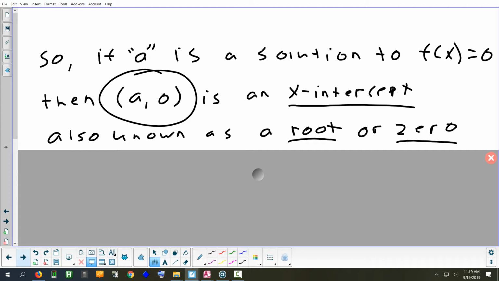If I ask you for the root, or the 0, you just have to give me that number. Does everyone understand the difference between if I ask for an x-intercept or a 0 or a root? They're really connected, but they're just slightly different.